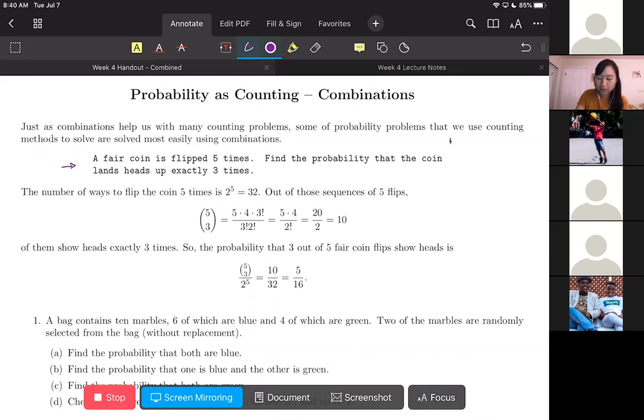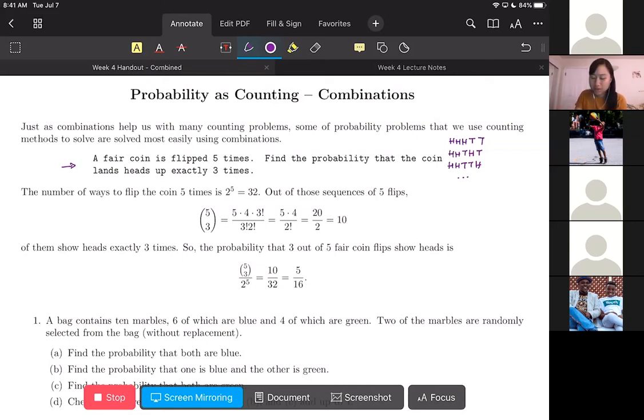We could do heads, heads, heads, tails, tails, or heads, heads, tails, heads, tails, or heads, heads, tails, tails, heads, etc. But if we wanted to list out all of them, it would take a while. And we wouldn't be sure that we necessarily got all of them or didn't duplicate. So it would be a lot more work.